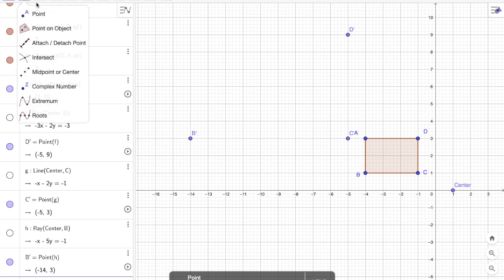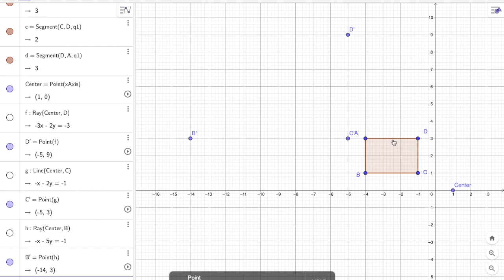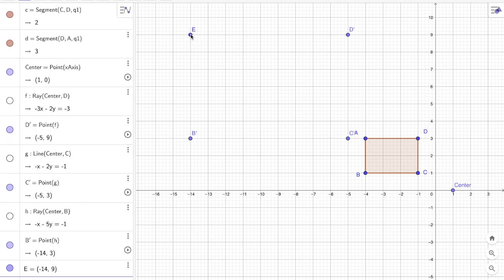And since this is a rectangle, and we know that we're dilating by a scale factor of 3, we know that the distance from A to D is 3. So the distance from A prime to D prime is going to be 3 times as much as that, which is 9. So we can just count 9 over from D prime. So 1, 2, 3, 4, 5, 6, 7, 8, 9, and put A prime right there. And that would have worked.